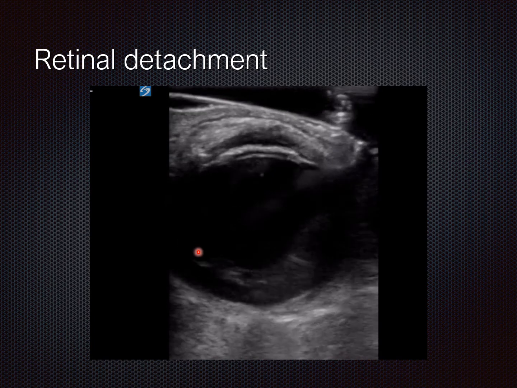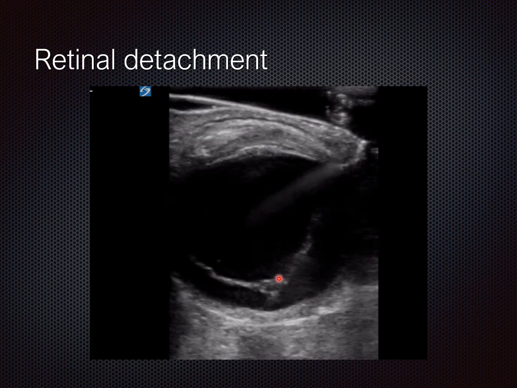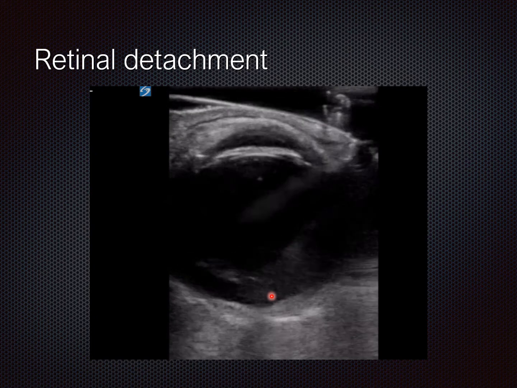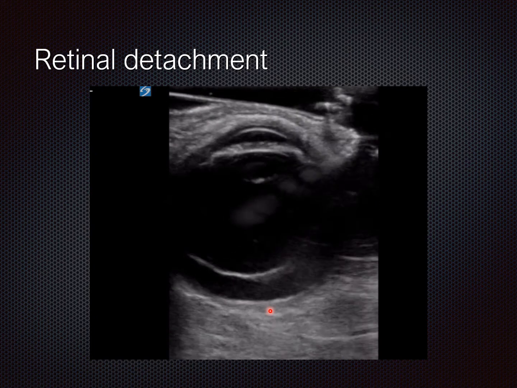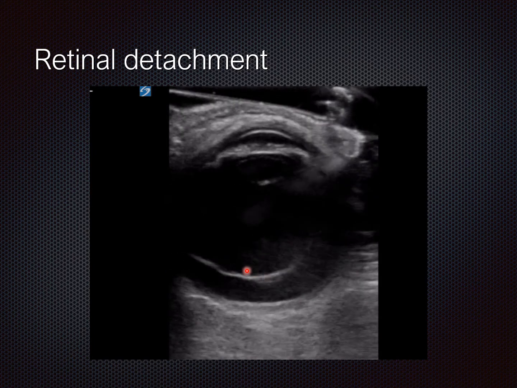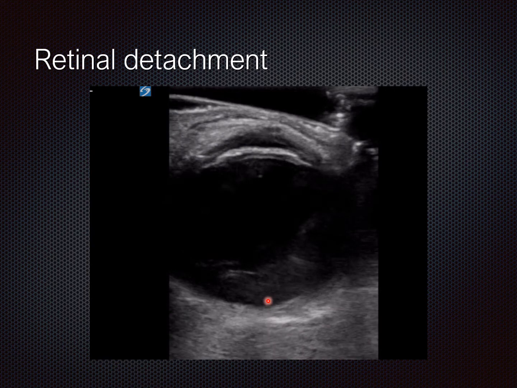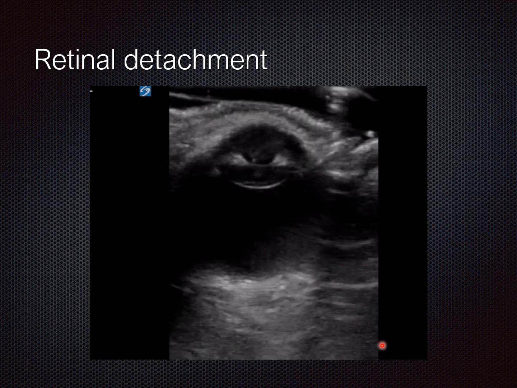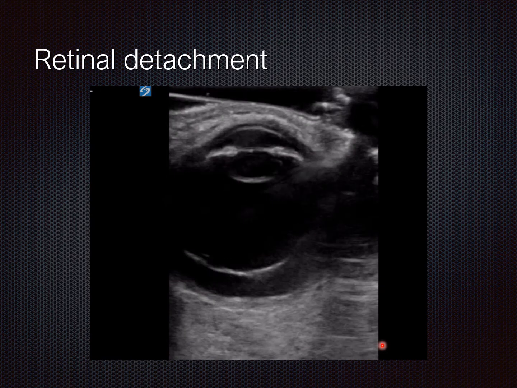And then you see something floating in the middle here. And it's a little flap of something. And importantly, in terms of making the diagnosis of retinal detachment, you see that at one point in the clip, these two flaps of dissection actually come together and are attached to the shadow that's behind the eye, and that's the optic nerve.